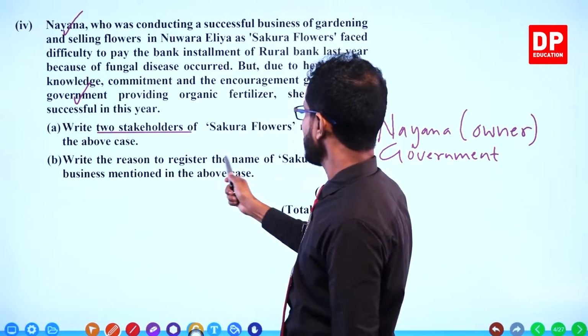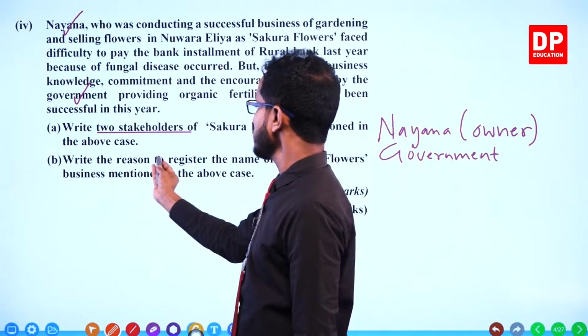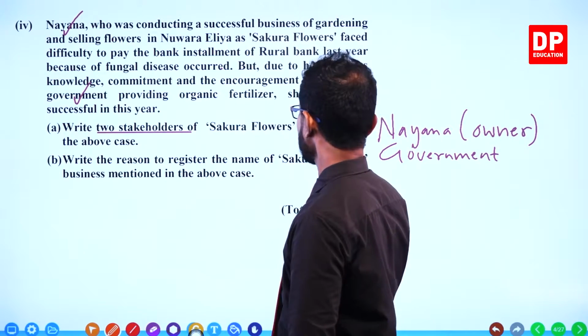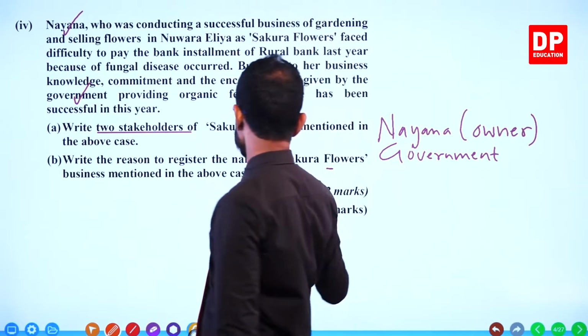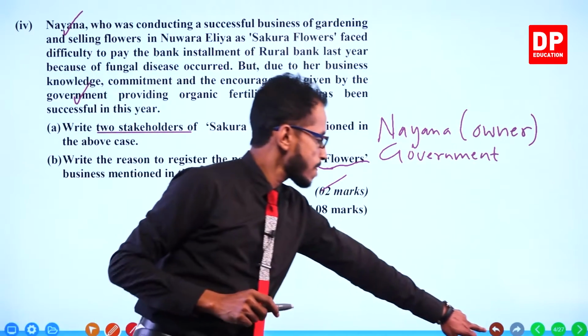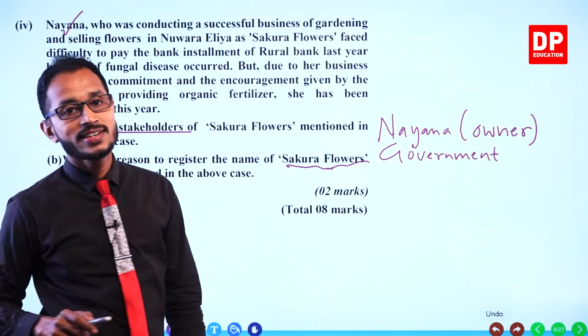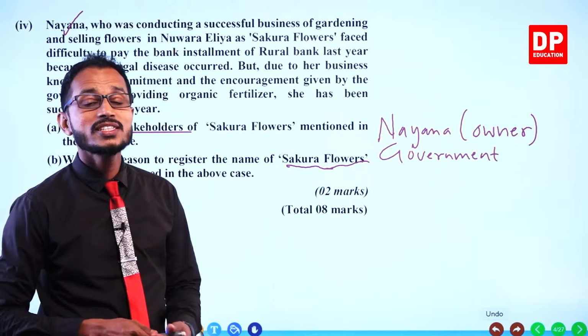Write the reason to register the name of the Sakura Flowers business mentioned in the above case. Sakura Flowers is a unique name.